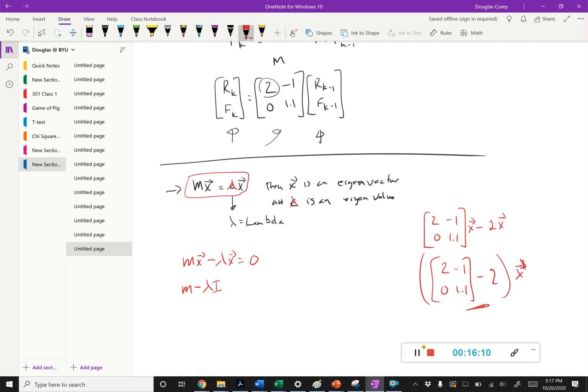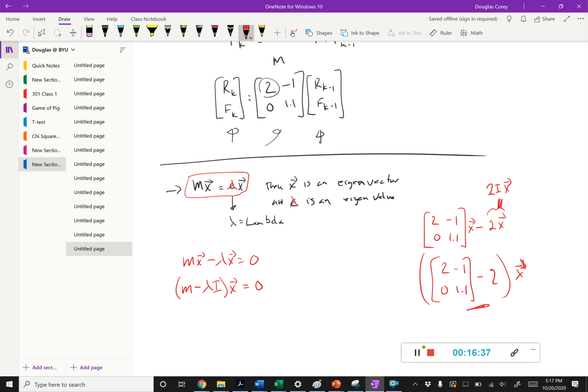This is undefined, it doesn't mean anything, but we can rewrite this as 2 times the identity matrix times x. These are the same things. You still just get double the x vector, and so that's what we do over here to factor it out. We have M minus lambda times the identity matrix times x equals 0.